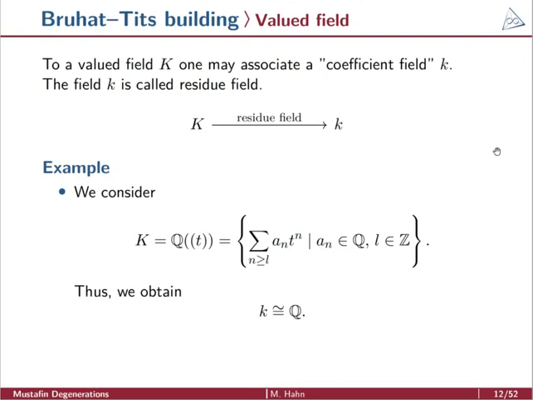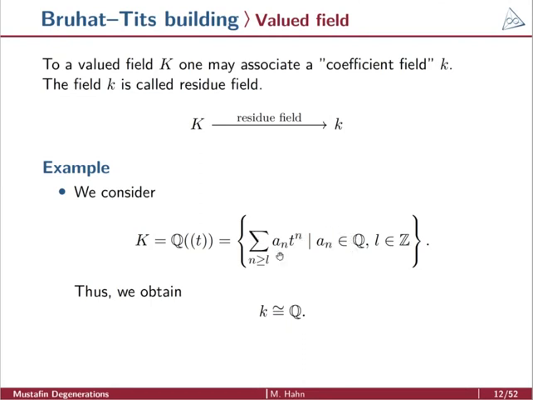And I quickly want to illustrate this in two examples. The examples are going to be more in a semantic manner than actual examples in a concise mathematical way. So here we have the field of formal Laurent series with rational coefficients. This field big K is, set theoretically, the sum over all a_n t^n, where the a_n live in the rational numbers.